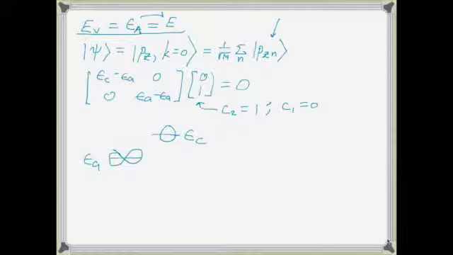It has no phase since the e to the ika term is 0, and the wave function itself repeats every unit cell at k equals 0. So that's what a gamma function looks like. It has no phase. And the other thing we can look at and understand is the nature of an X wave function.